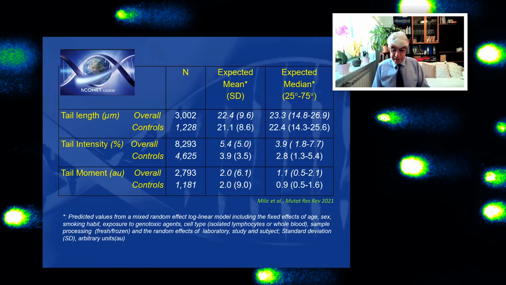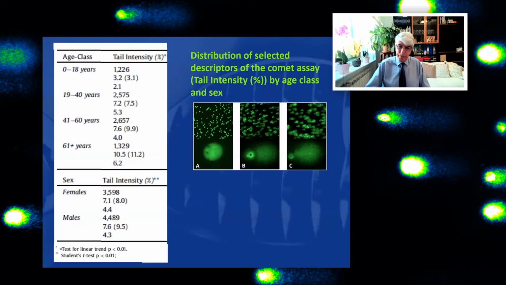So if you make an analysis on a control population and you get results which are out of this interval, which is the most common in all the other laboratories in the world, you should ask why my results are out of the interval. I may have a problem, or may have a different population or whatever.